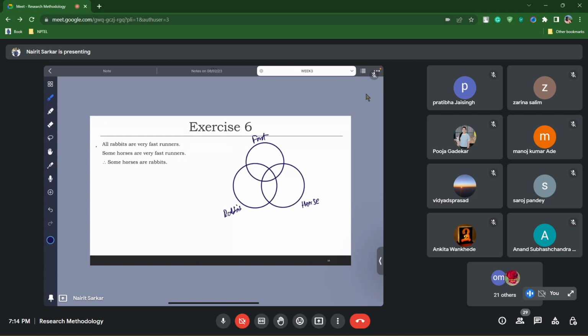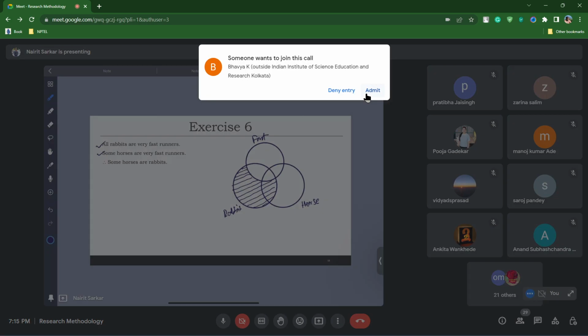So the first one is all rabbits are fast runners. So we shade the areas where the rabbits are not fast. Then some horses are very fast runners.